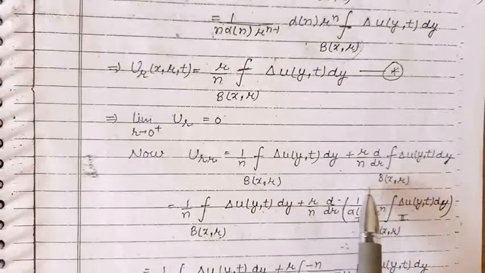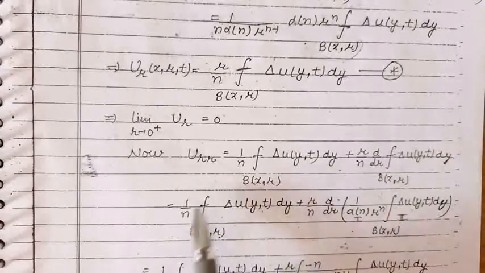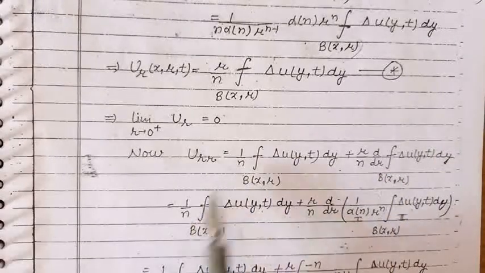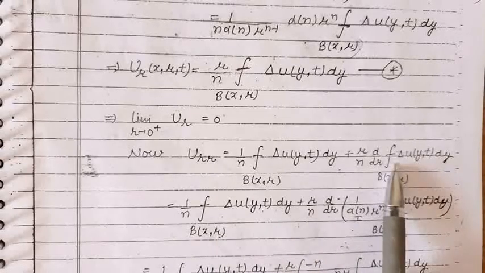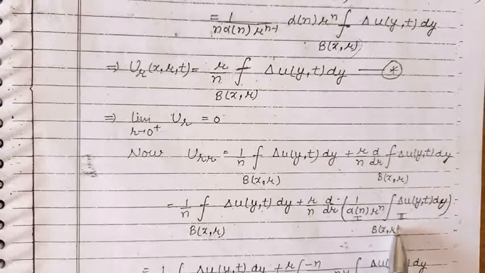Now this can further be written as 1 upon n, the average value of Laplacian of u over the ball with center x, radius r. And in this term, we have converted this average integral into a simple integral by dividing with the volume of the ball.